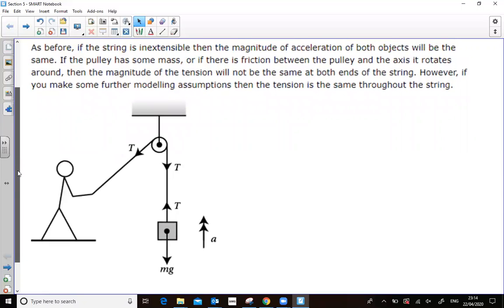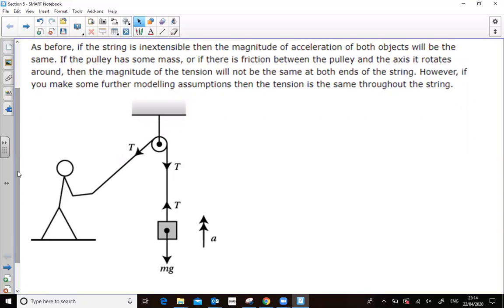Because we assume that the string or the rope is inextensible, the acceleration throughout the string will be the same. And also we assume that the string or the rope is light, so we can ignore the mass.